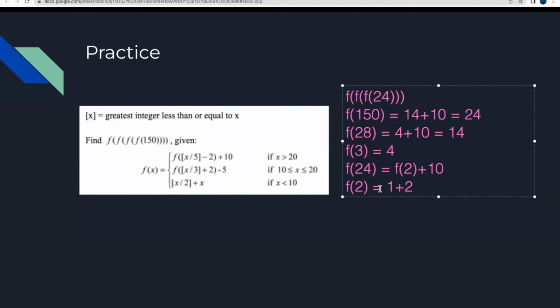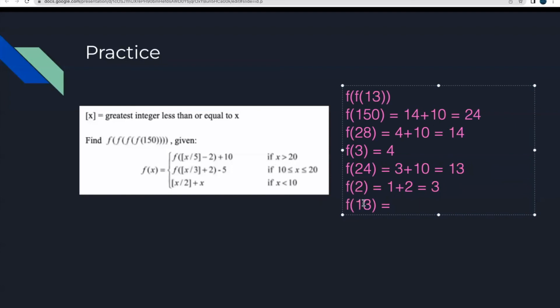This evenly divides into 1, solve to get 3. Replace this with 3, solve to get 13. See where f of 24 appears. Okay, all the way up here, so we replace that with 13. And then we go back to the cycle of solving for f of 13.